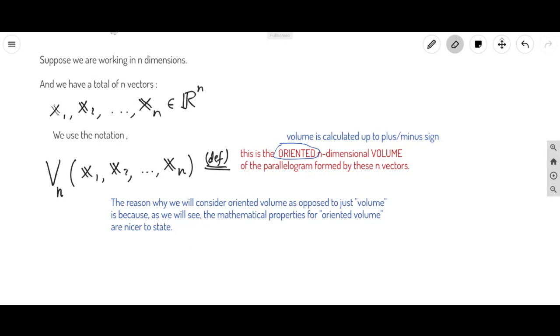For example, when you talk about the integral of a function, you say it's the area under the curve. Technically, it's the oriented area under the curve. You know that when you integrate backwards, you get a negative answer. If you integrate below the curve, you get a negative answer. A lot of concepts in math just work better as an oriented concept. That means it's a certain measurement, but it's up to a plus or minus sign. It's the same thing here: it's not just volume, it would be volume up to a plus or minus sign depending on the orientation of the vectors.